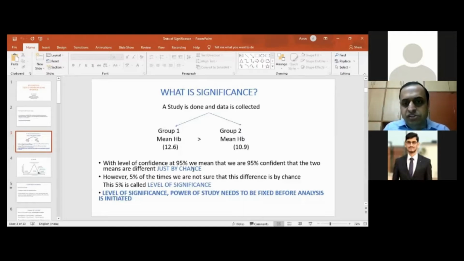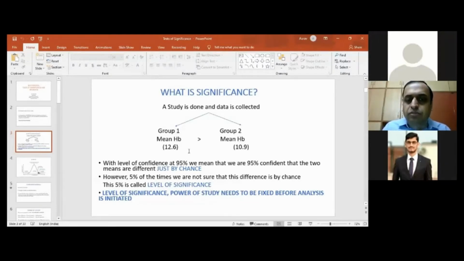It is nature. Many of the parameters tend to vary. So we have to keep everything in mind, and before we reach a conclusion that the hemoglobin in group 2, or Tower 2, is much less than what is in group 1, we need to apply the test of significance. Whether this difference which we are observing is actually a significant difference or is just by chance?